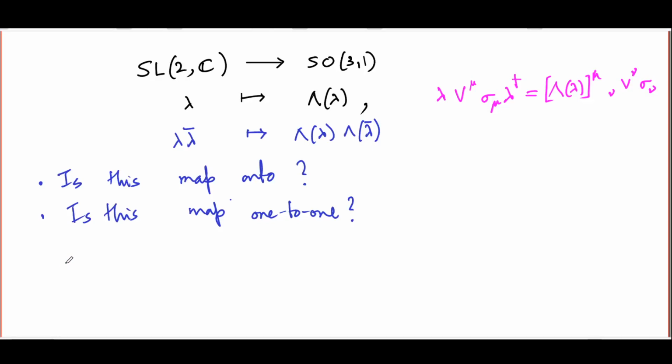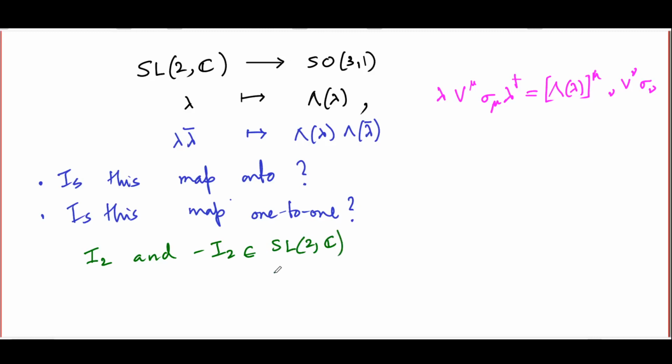It's pretty easy to see that there are two multiples of identity in SL(2,C). The demand that the determinant of the matrix has to be 1 restricts us to the two possibilities, the 2 by 2 identity matrix and minus I2. Both of these belong to SL(2,C).